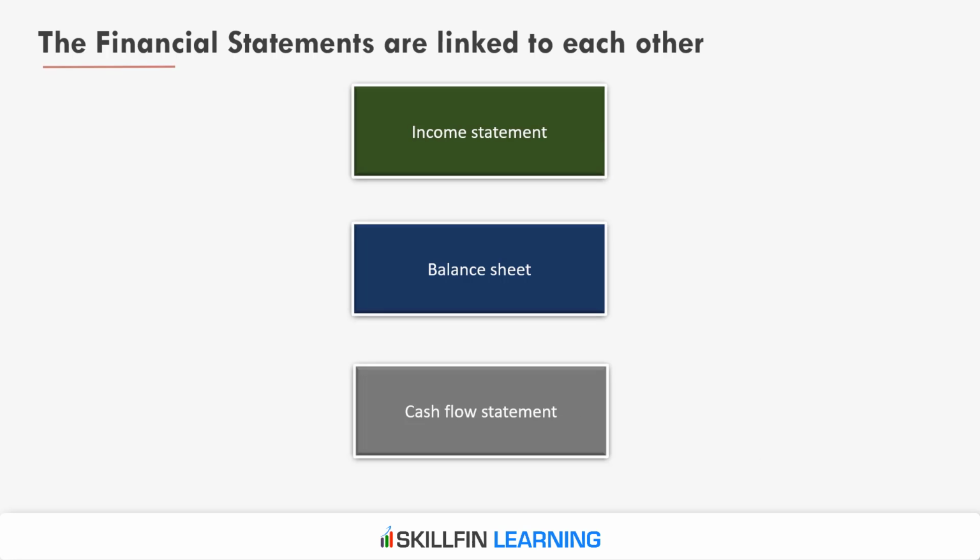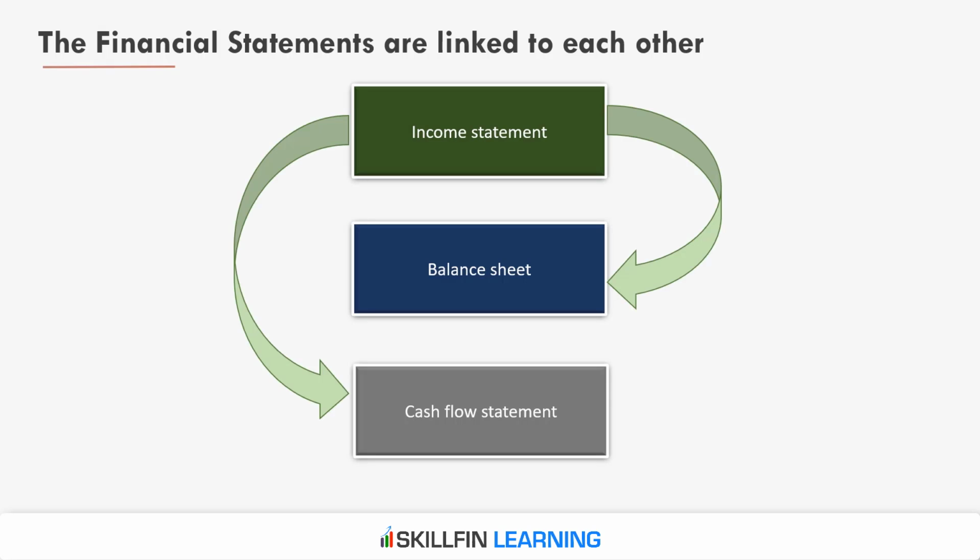All these three financial statements, the income statement, balance sheet, and cash flow statement, are linked to each other. The income statement is linked both to the balance sheet and cash flow statement. Similarly, the balance sheet is also linked to the income statement and cash flow statement.